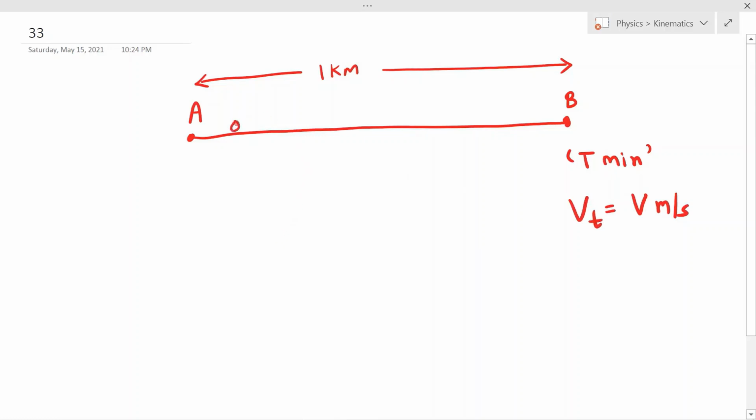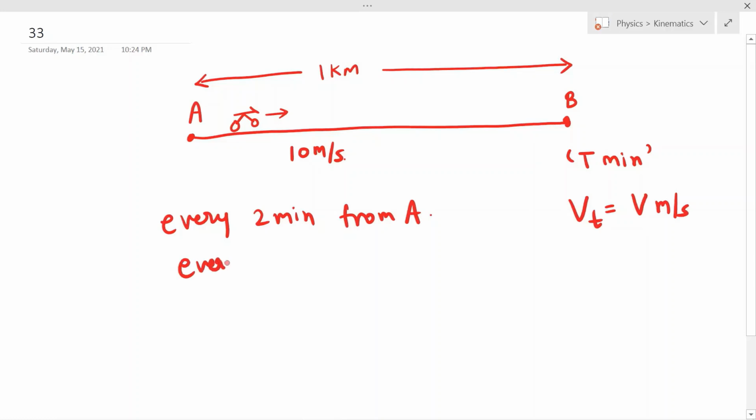Now there is a cyclist who is traveling in this direction with a 10 meter per second velocity, and every 2 minutes he encounters a taxi coming from position A, that is moving in the same direction as that of the cyclist, and every 1 minute he encounters a taxi which is coming from B, that is in the opposite direction of his motion.